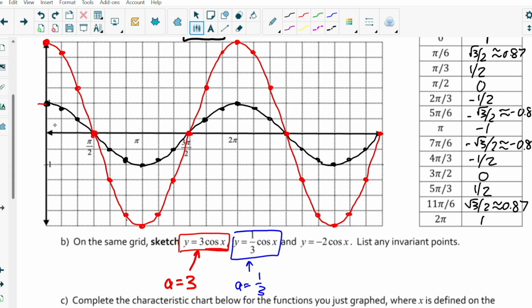So 1/3, right about there. This is going to be a very, very shallow graph.